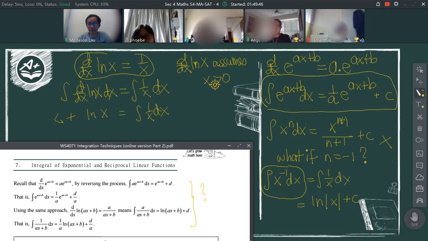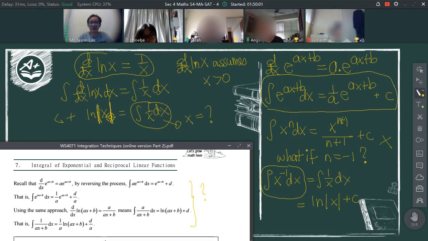But if you reverse the process and people ask you to integrate 1 over x, what do I get? Then I ask, well, what is x? Can x be negative or positive? So they find that they need to put a modulus to make it meaningful. Here it's not protected; your x can be positive or negative, no one knows.